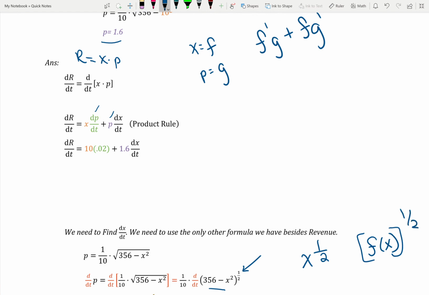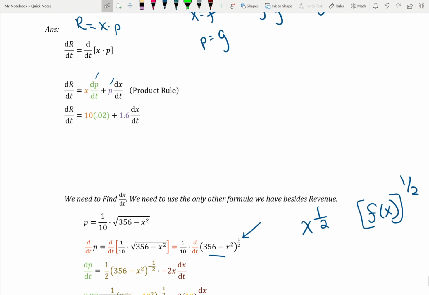Okay, so in my bottom step, you'll see that I use the chain rule. Actually, this whole thing, I'm missing a 1/10 here. So I forgot to drop down this guy. Okay, so I'm using the chain rule.